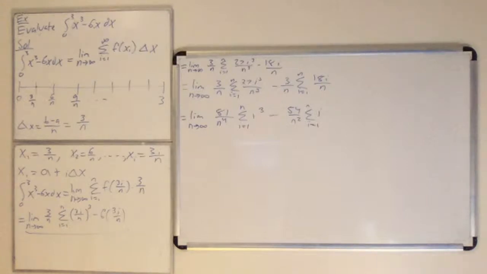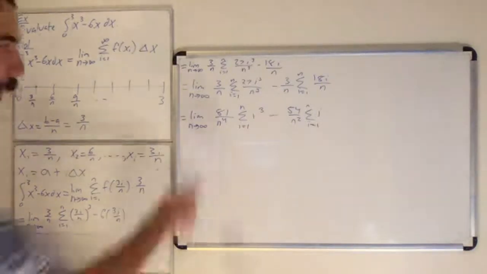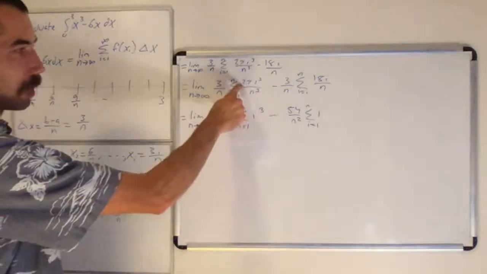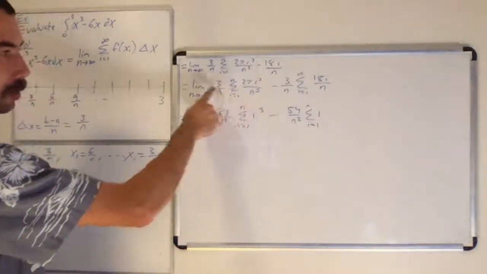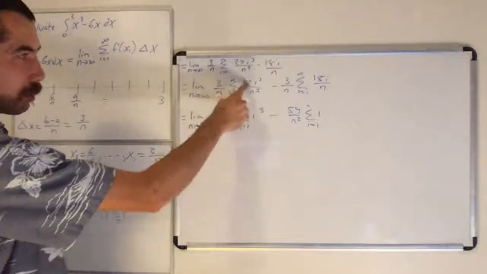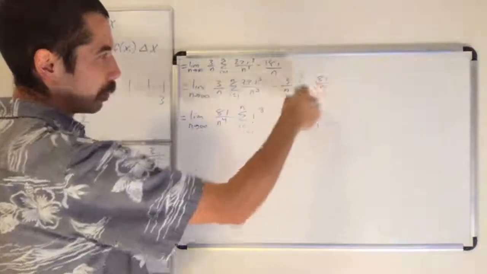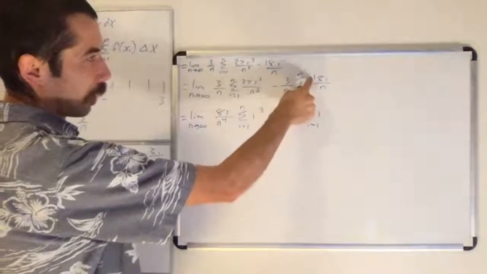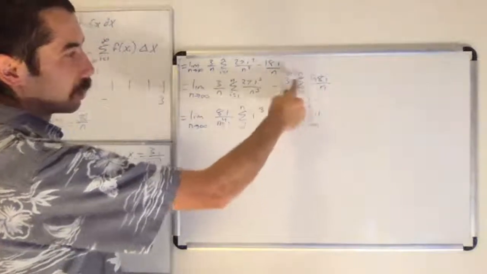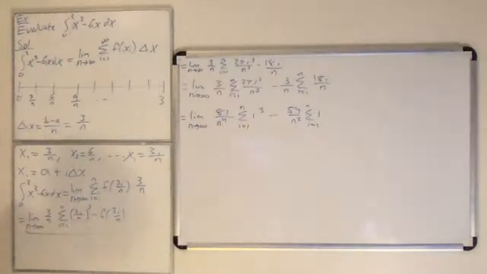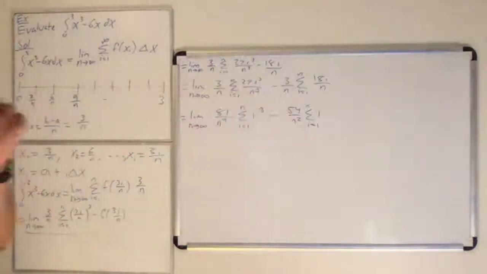Where did the 81 and the 54 come from? I factored out 27 over n to the third, so it became 3 times 27, which is 81. And similarly with this sum, I factored out the 18 over n. So it's 54 over n squared, right? 3 times 18 is 54.